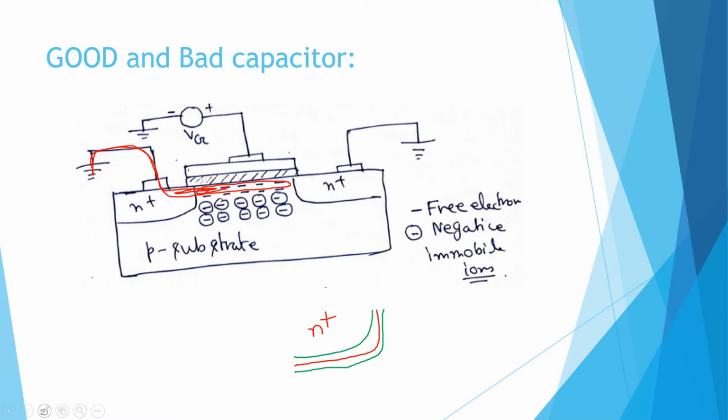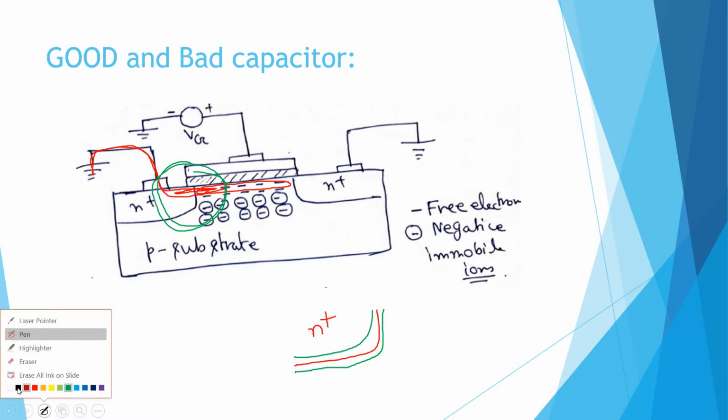Clear? I am considering this junction, this particular junction. Let us go to this story and try to understand. In the N plus region, in the depletion region, there are positive immobile charges.